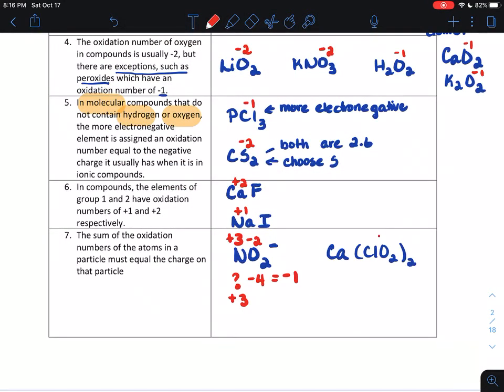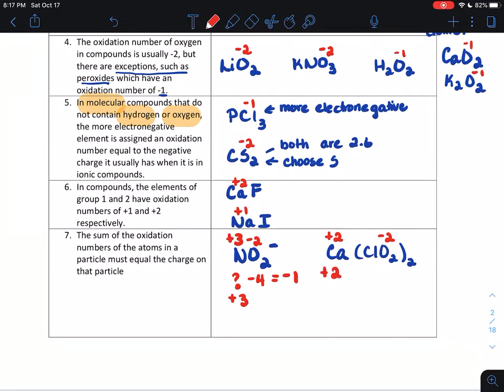And you guys see oxygen? There it is, -2. Now, the other one that I know, and this is the one that students forget, is I also know calcium's oxidation number. This is basically a calcium ion. So the oxidation number on the calcium is going to be +2. It's going to match its charge.